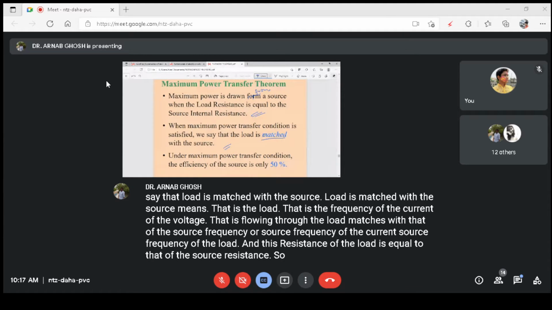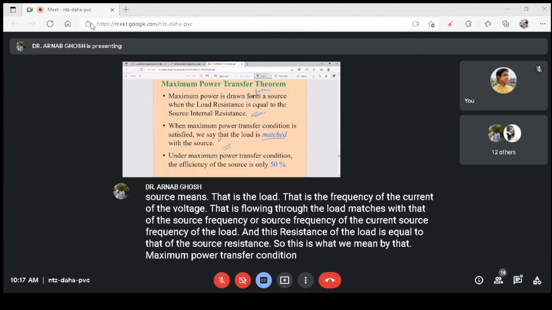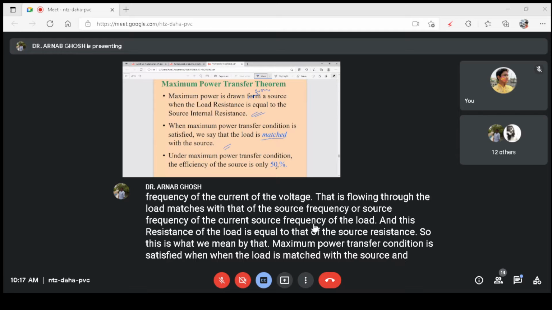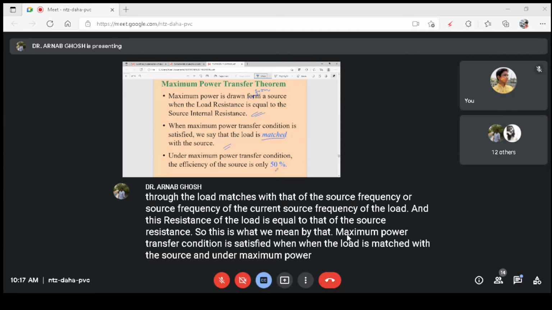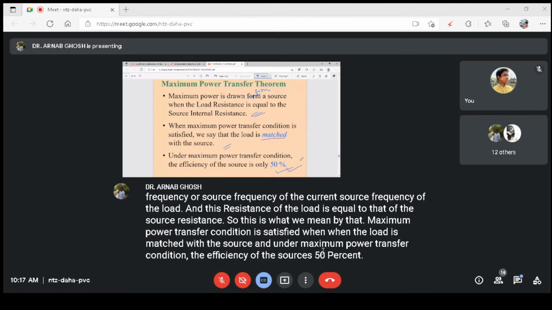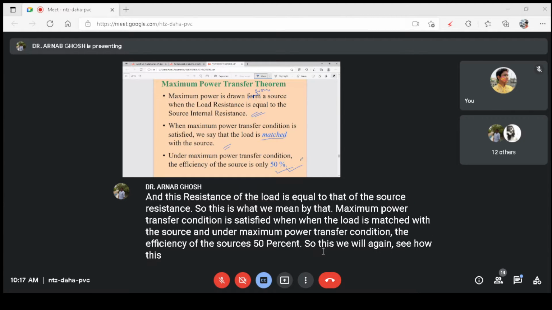So this is what we mean by the load being matched with the source. Under the maximum power transfer condition the efficiency of the source is 50%, and we will again see how this 50% comes.